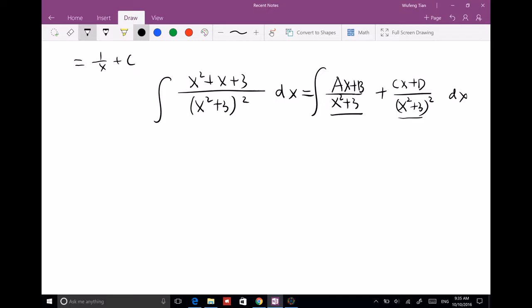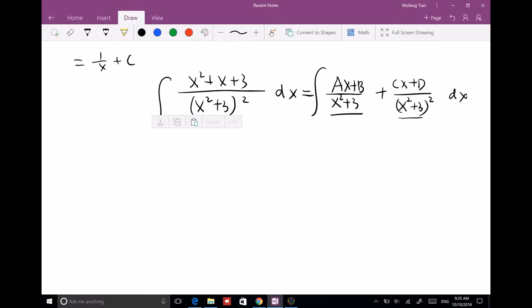Whenever you see a quadratic form, the numerator is ax plus b. If it's a linear form, the numerator is just a, b, c, d, like those. If it's a quadratic form, it's ax plus b. Alright? Does it make sense, everyone?